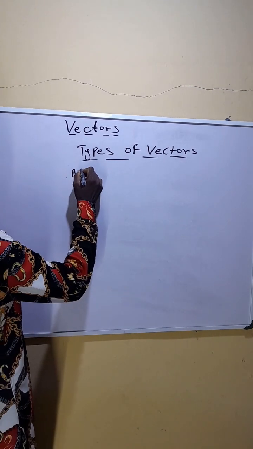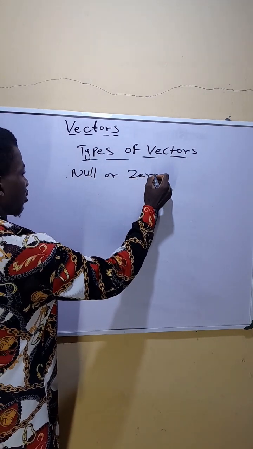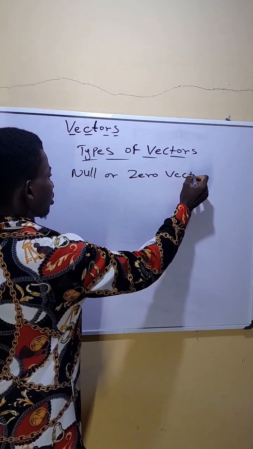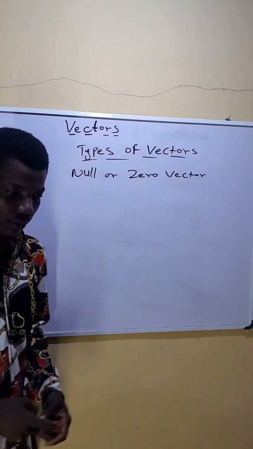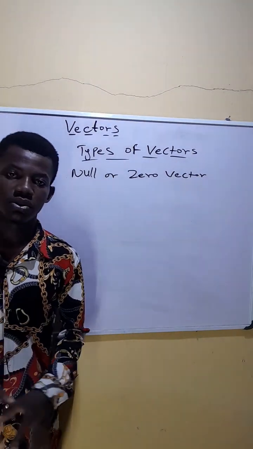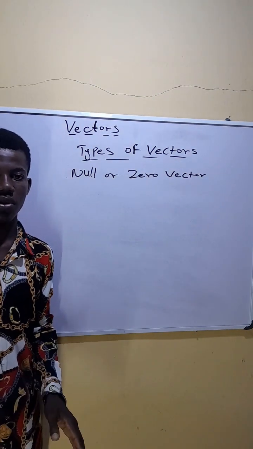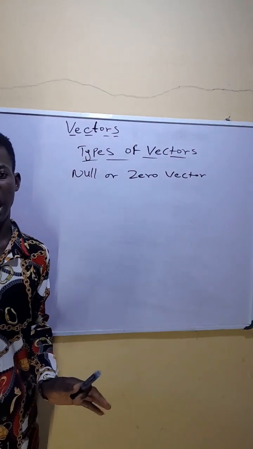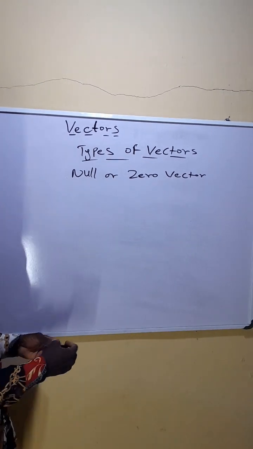The next one is the null, or zero, vector. A null or zero vector is a vector with magnitude 0. It has no particular direction. Let me use this marker as an example.